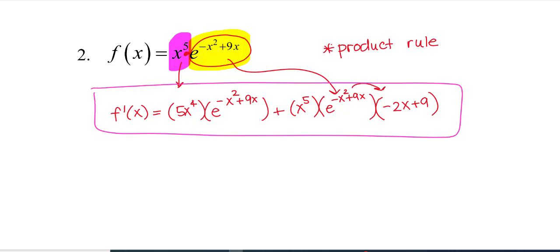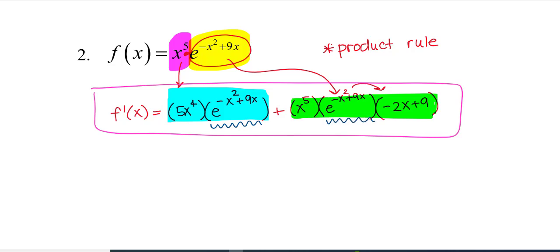Now what you are going to notice with e's, because in the exponential, it's in the original function and in its derivative. Right now I see that I have two terms. Here's my first term and here's my second term. And when you see these two terms, you're going to notice that that exponential function e to the negative x squared plus 9x is in both.